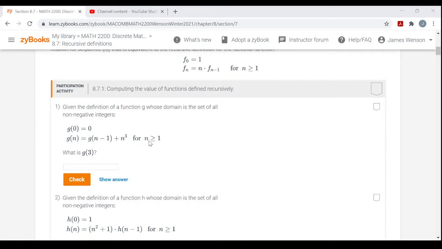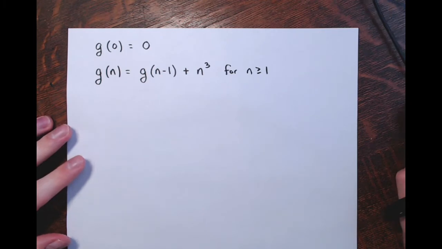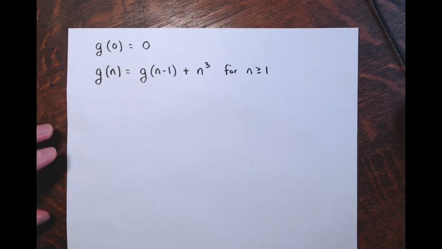And then for values of n greater than or equal to 1, from inputs of 1 onward, g of n equals g of n minus 1 plus n cubed. And what is g of 3? Again, I'll show you on paper here. This is very similar to what we did with sequences. Okay, so here's this function g again, defined recursively.